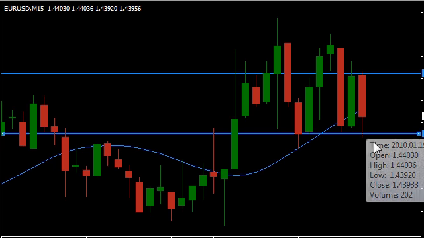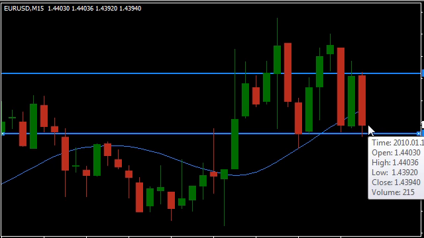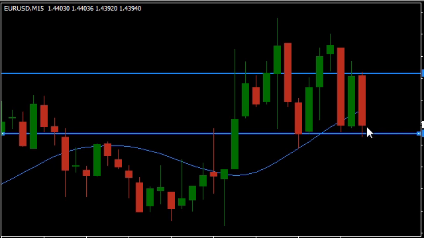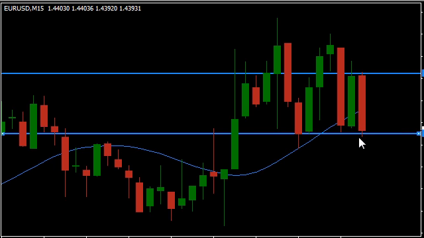Really? Well, only if this gets broken and we are actually trading away from our moving average. So we need to wait for that kind of thing to happen before we start even considering a trade. So let's pretend that that has occurred, and now we're going to go to THV and have a look.